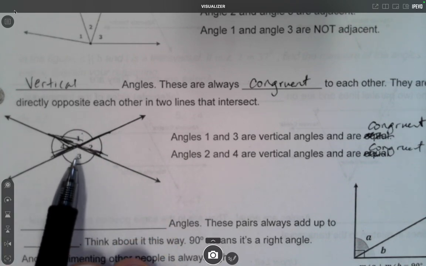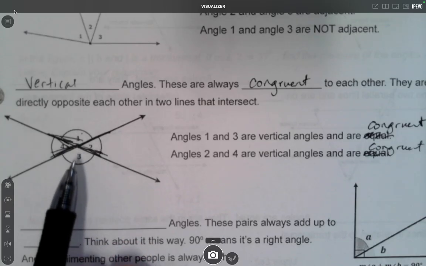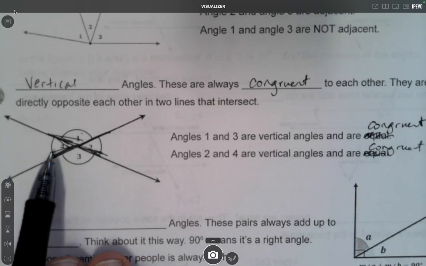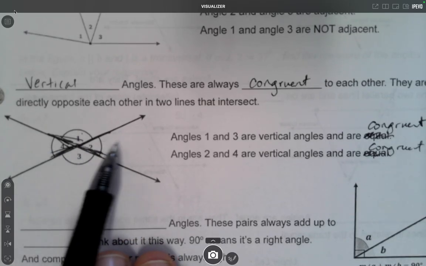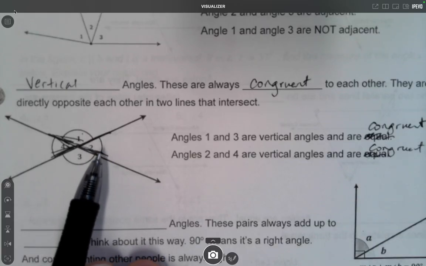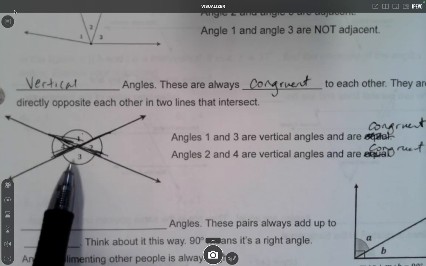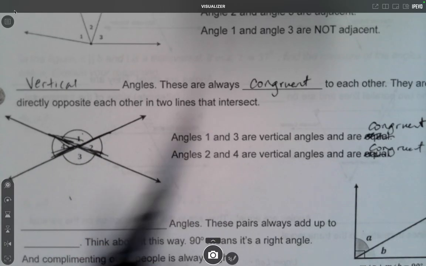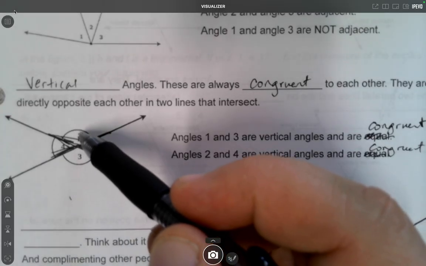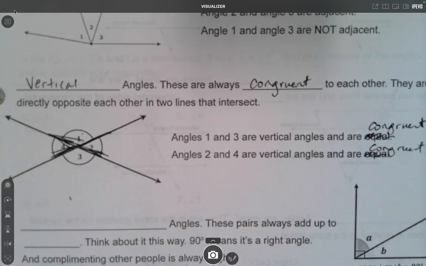So 1 and 3 are congruent as each other because they're vertical. 2 and 4 are congruent because they're vertical with each other. That doesn't mean that 2 and 3 are congruent, or 1 and 2 are congruent, or 1 and 4, or anything like that. It's only the pair that are actually vertical with each other that are congruent.